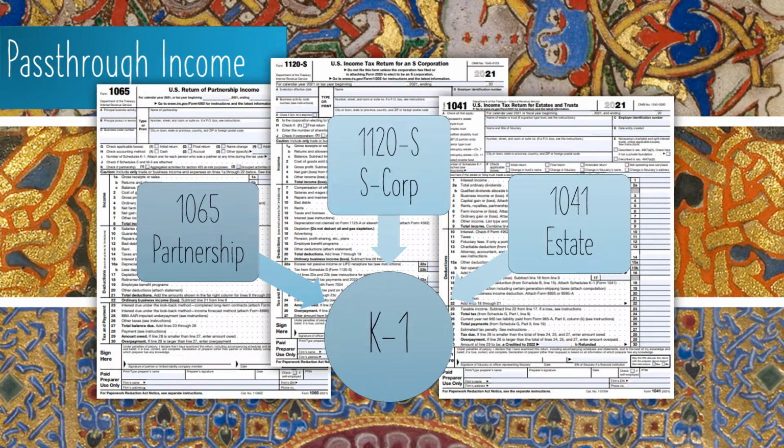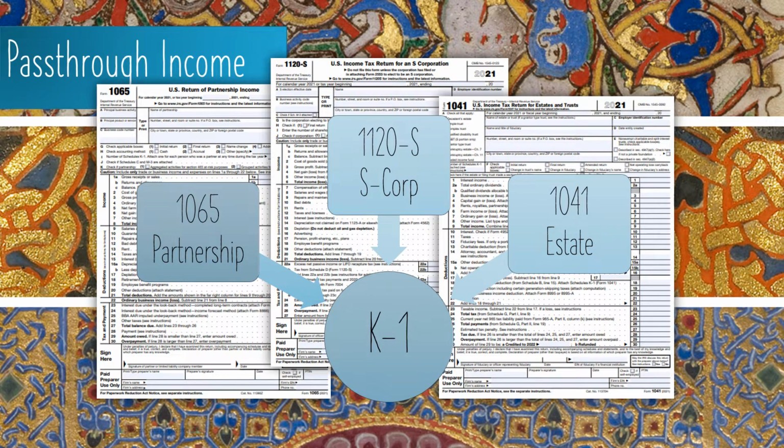Partnerships don't actually pay their own tax, they just report the income in total and then divvy it out amongst the partners so that the partners report the income on their 1040 returns. And the way that they do this is through that Form K1.